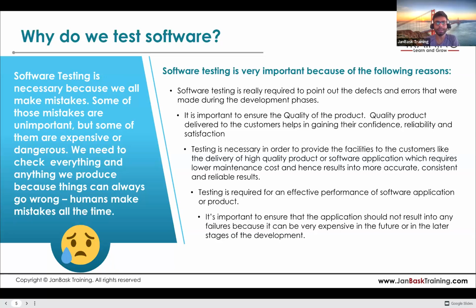Then it will come to the actual testing phase, when we will test the software as a software tester. Then it will go to acceptance testing, where the end user will also test it from their end, and then it will go to production. Production means the end user will actually be using the software.